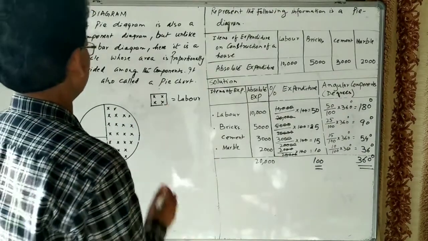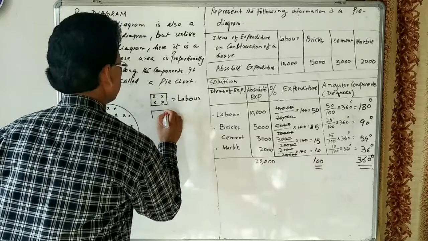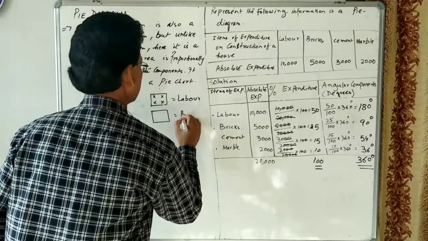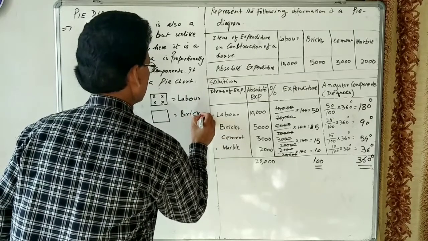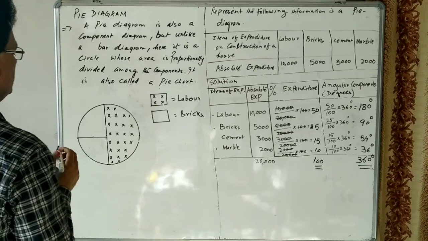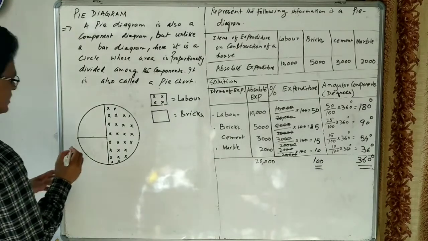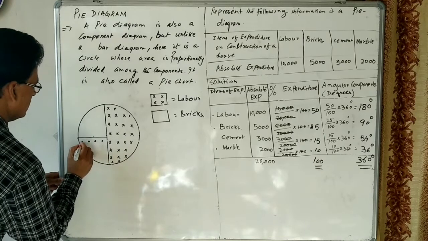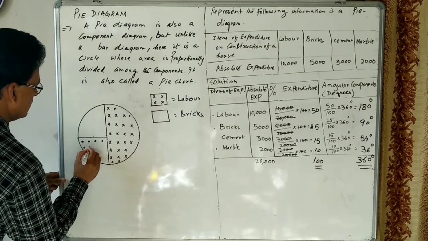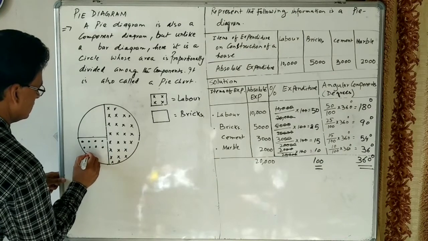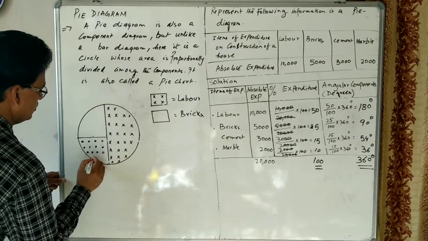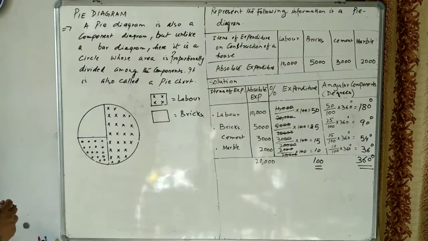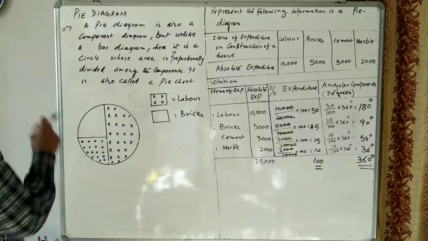This is the 90, the second component. The first component is labor, and the second component is bricks. So we can give another color for the bricks. Let us see, we can give it like this. We can use this clockwise.